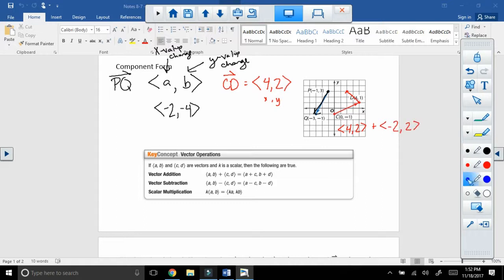So the overall change would be +2 and then 4. And you could think about just adding together the parts of the vector that are in the same corresponding place. And that's how you could do your vector addition.